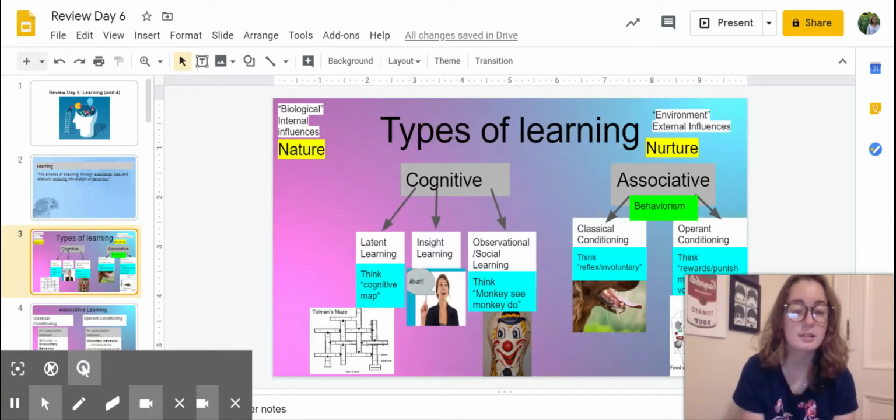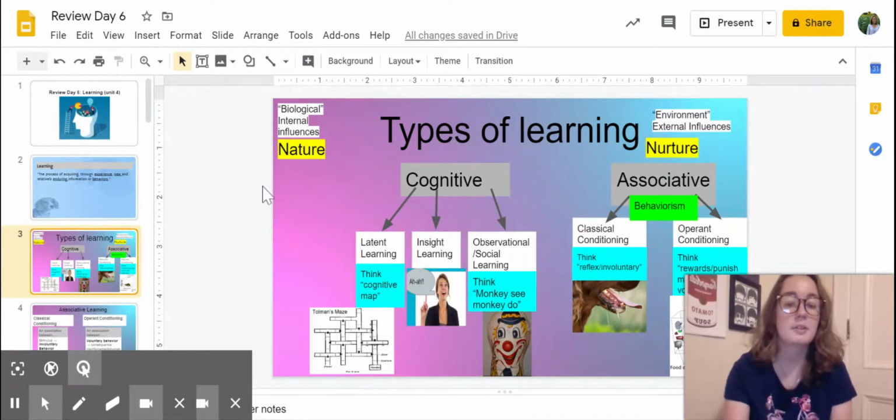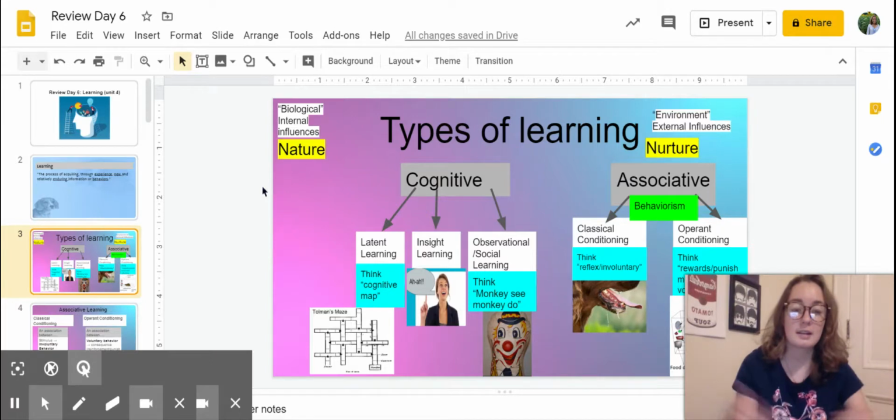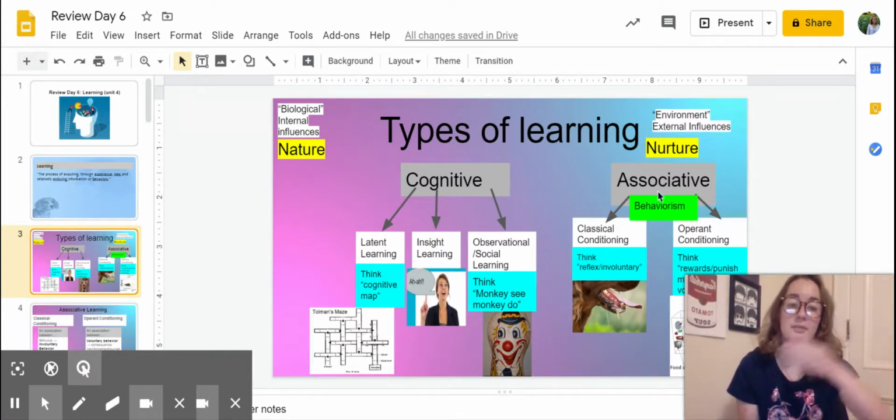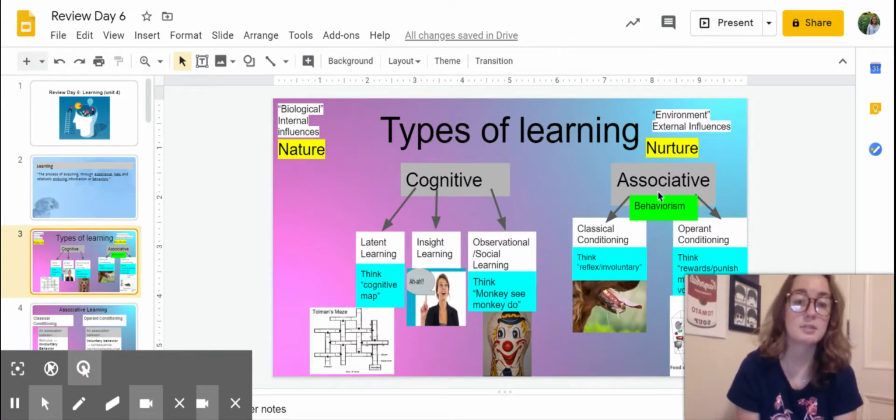Okay, so we're going to get started with the two overarching types of learning. So there's cognitive and associative. Associative is what we're going to get started with first. And I put these kind of on the spectrum from nature to nurture. And if you think of where our psychological perspectives, the 7 of those, fall on the nature and nurture spectrum, cognitive is kind of in the middle, and behaviorism is very far to the right when it comes to being more environmental and nurture.